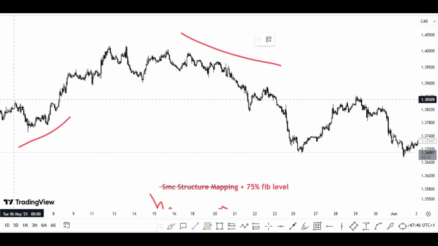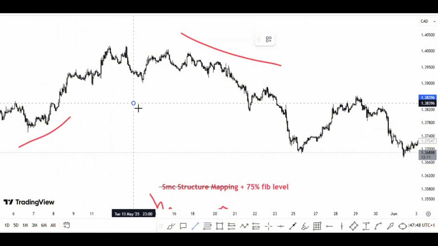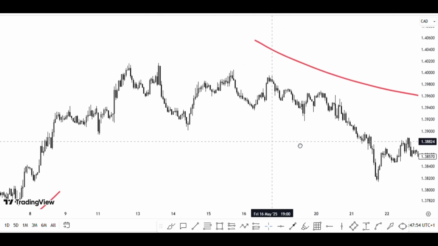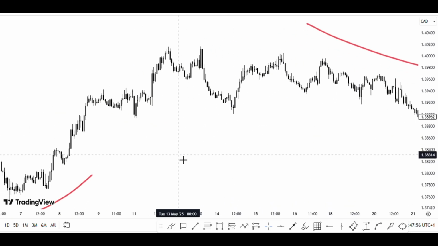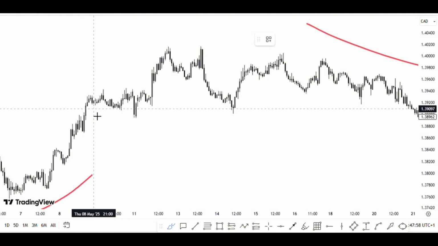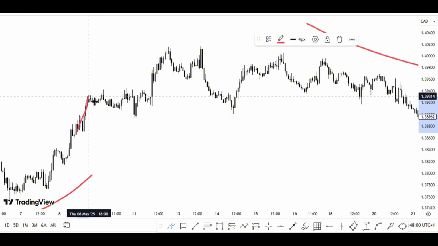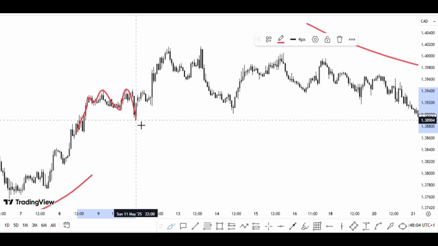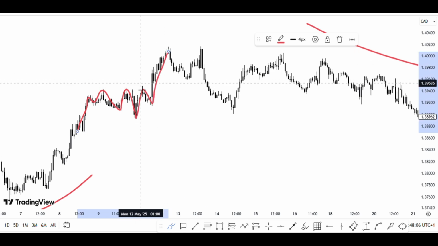You can see the market creates this level like this. Let me make it bold for you guys to see. As you can see, the market was pushing up, pushing down, then at the end of the day gave us a break of structure.